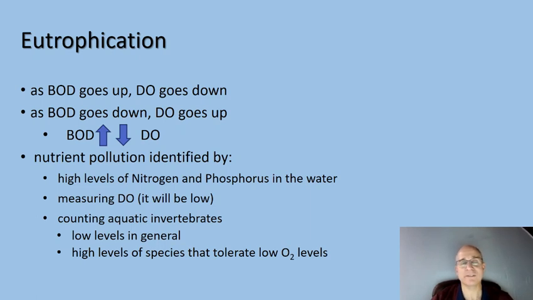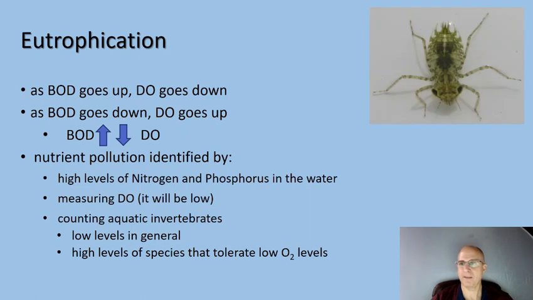If the only inverts we find are critters like these bloodworms, that's also a sign that we've got eutrophication, this nutrient pollution going on. And there you see a dragonfly larva which happens to not be able to tolerate low oxygen levels. So finding dragonfly larvae like this in good numbers tells us that we probably don't have too terribly much nutrient pollution going on. These are cool critters.